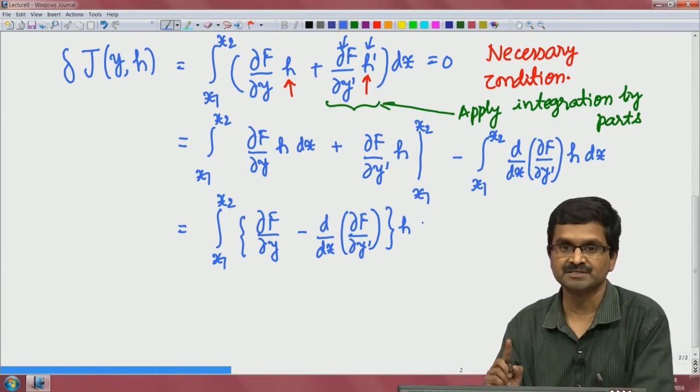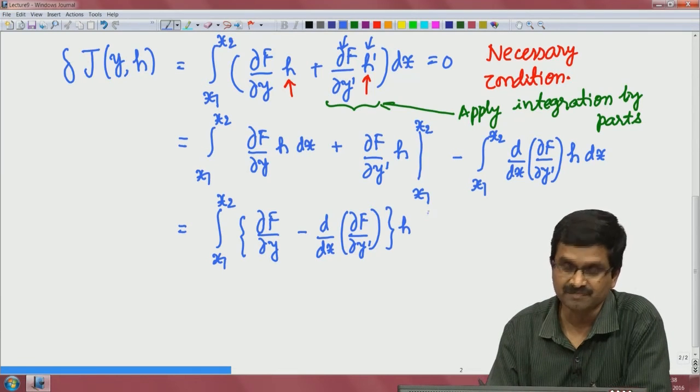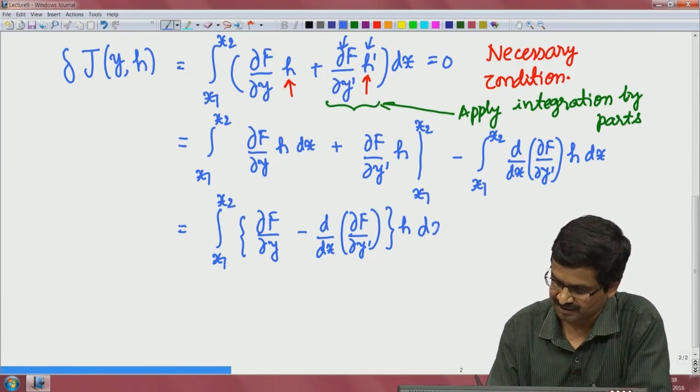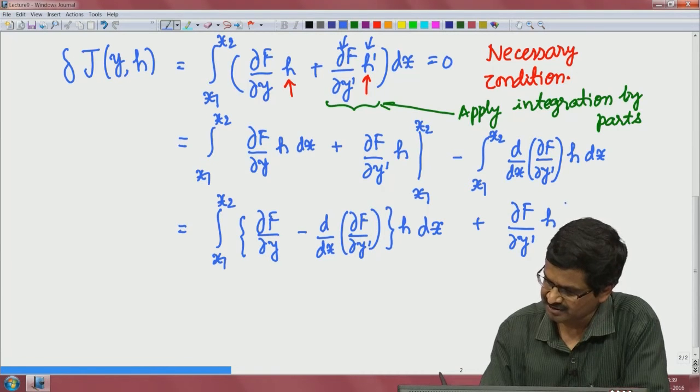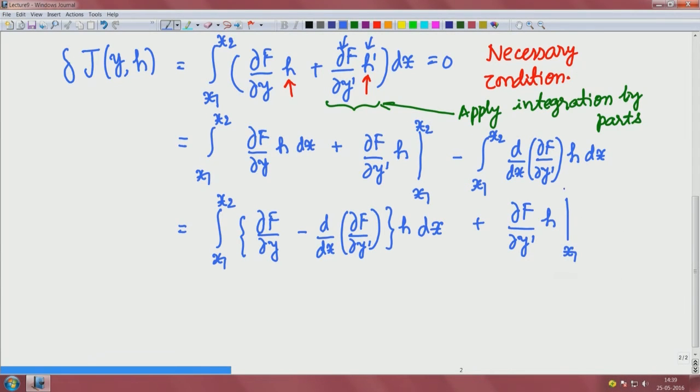It is still arbitrary, it is still with us, we have to somehow leave it somewhere, which we will do shortly, dx, and then we have the boundary term ∂f/∂y′ h evaluated at x1 and x2. Okay. So, whatever we have done, that is equal to 0.